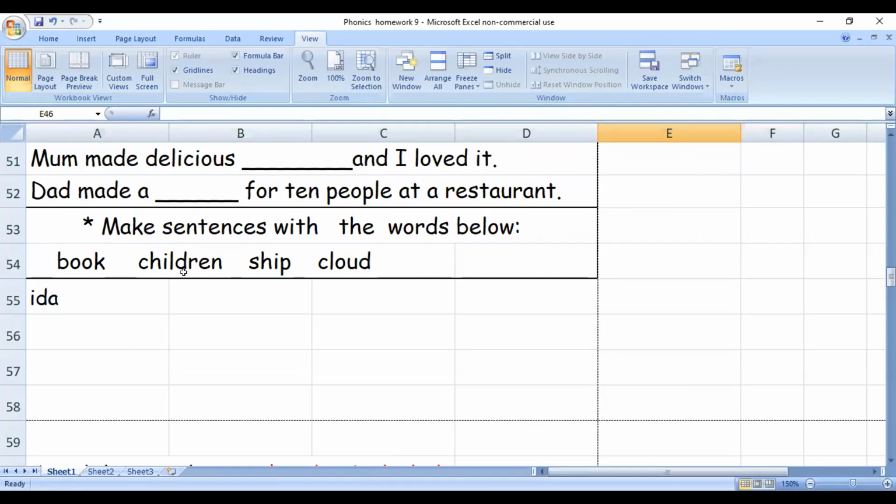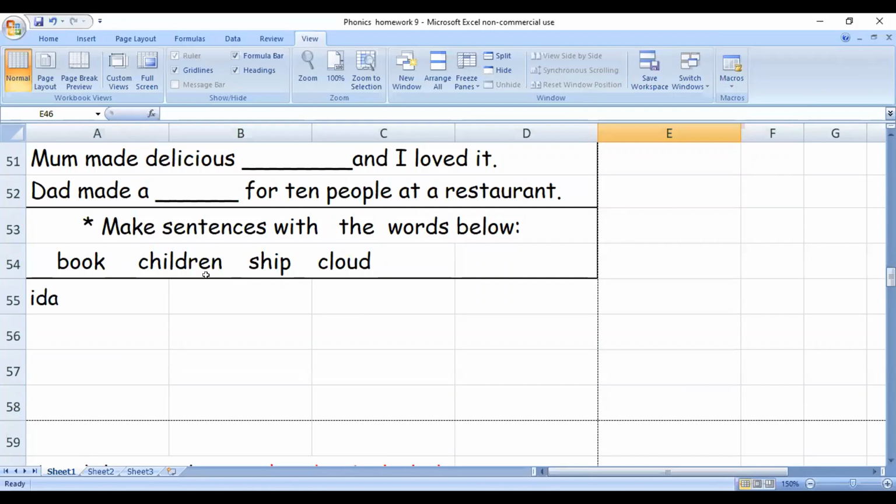Would you like to make it with children or ship or cloud? Children is playing the park. Yeah, children is playing is not right. Children means it's not one child. A child is playing in the park is right, because child is singular.